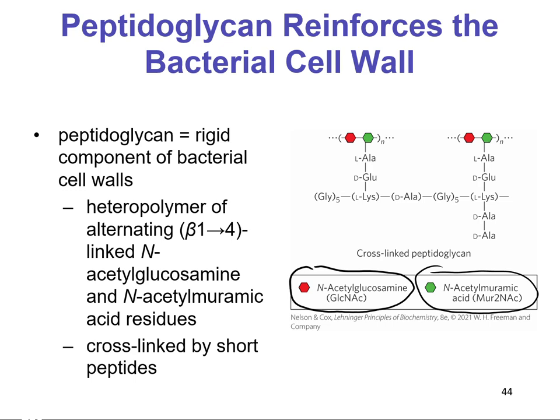And then there's a table that had all the different symbols that go along with the glucose cousins. So that's what's shown here. And one of the reasons why peptidoglycan is so strong is because in addition to these long polysaccharides, you've also got cross-linking by short peptides. And peptide bonds are also difficult to break. So it's a very strong heteropolymer.